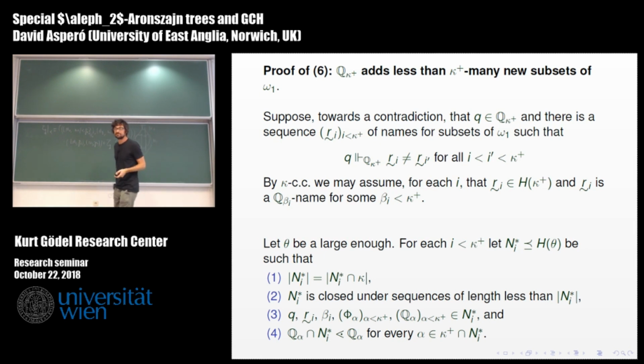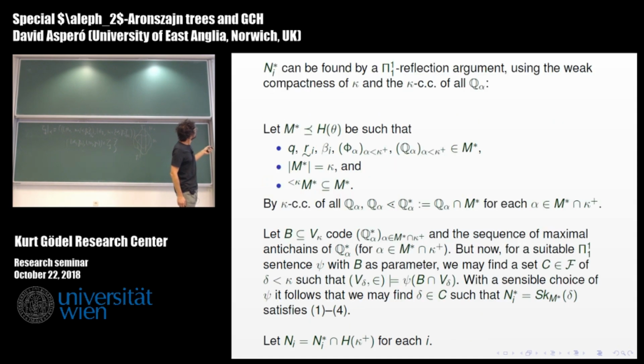Sorry, the N_i star needs to have size less than kappa. Yes. That filter was the weak compactness. Exactly. And now I denote N_i star intersected with H kappa plus for each i.